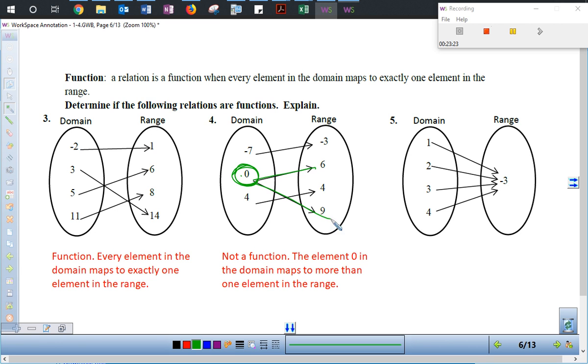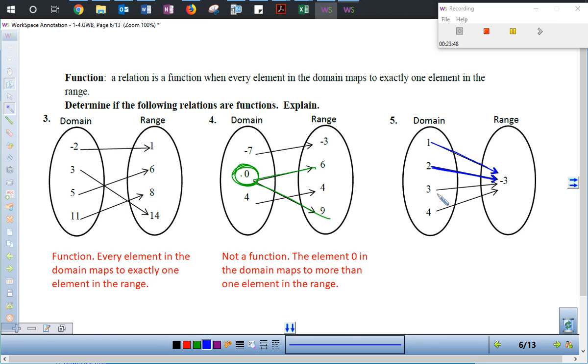Number 5, if I start with 1, 1 in the domain maps to -3. So 1 is mapped to exactly one element in the range. 2 in the domain is mapped onto -3. So even though 2 is mapped onto the same number that 1 is, it's still only mapped to exactly one element.